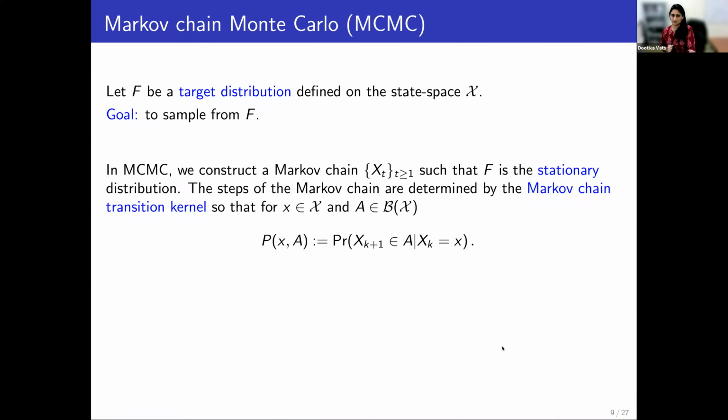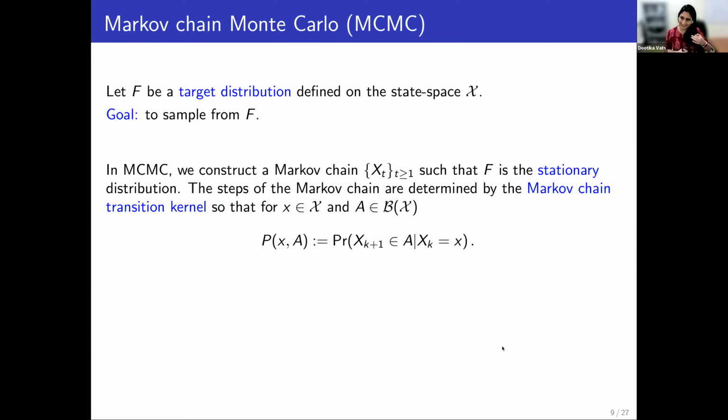So in MCMC, we construct a Markov chain such that capital F, our target distribution, is the stationary distribution of that Markov chain. Now I'll show you what I mean by stationary distribution via a visualization and a definition. The steps of the Markov chain, how it progresses, are determined by the Markov chain transition kernel.